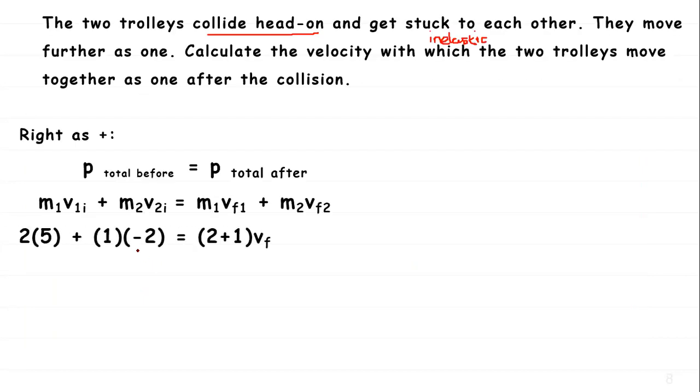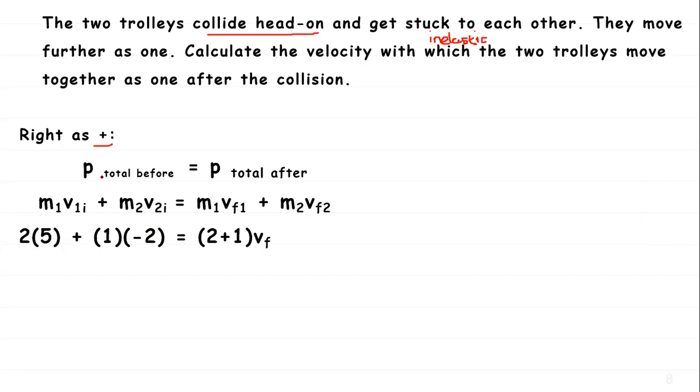So trolley 1 has a mass of 2 and it has an initial velocity of 5. Why? Because it was moving to the right and we chose the right as positive. Plus the momentum of trolley 2. So the mass was 1 kilogram and the velocity was 2 meters per second, but remember it was going to the left.